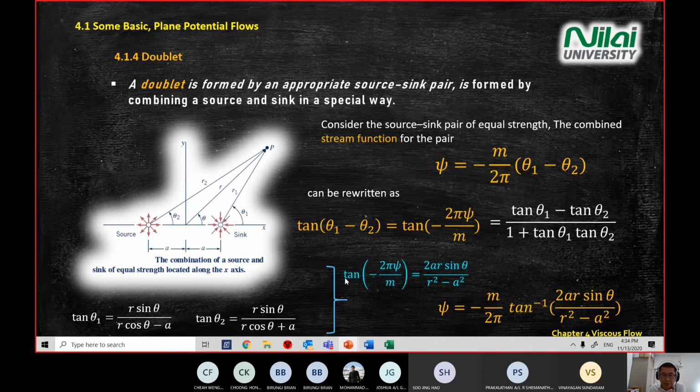So you move from left to right, you have inverse tan, tan to the power of negative 1, and then you move back the constant in front of the stream function. You get negative m divided by 2 pi, tan inverse of the result that you calculate using r and a.